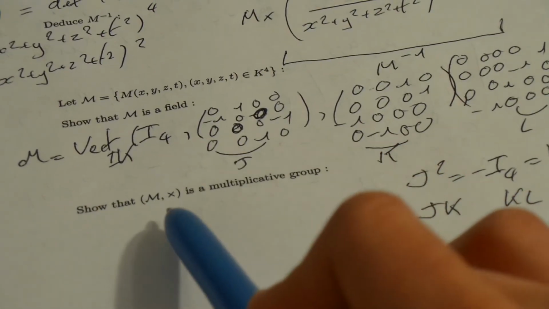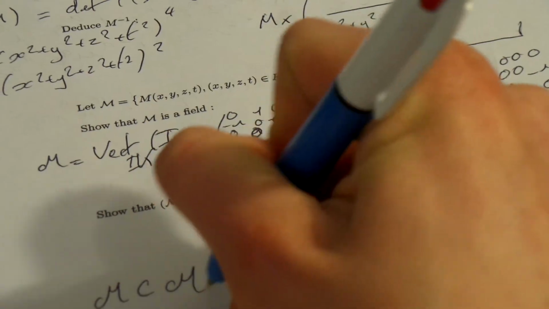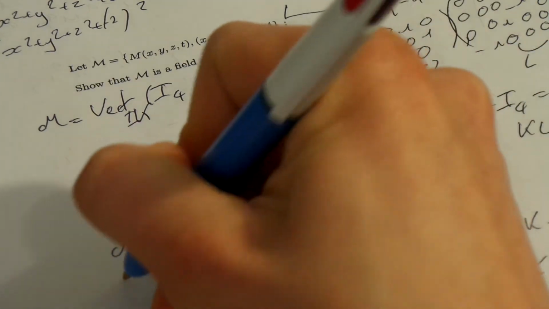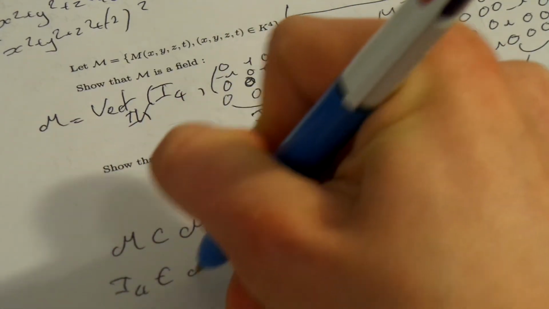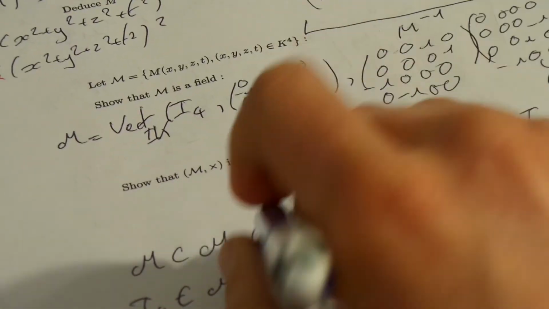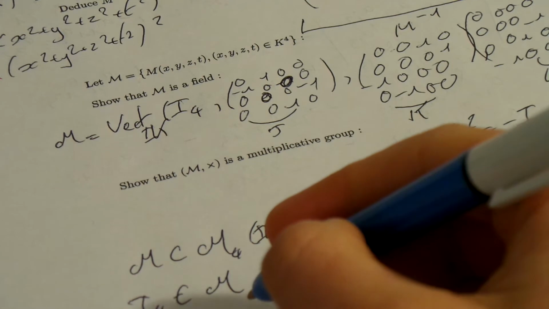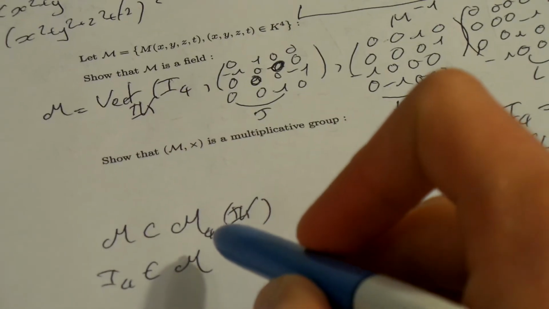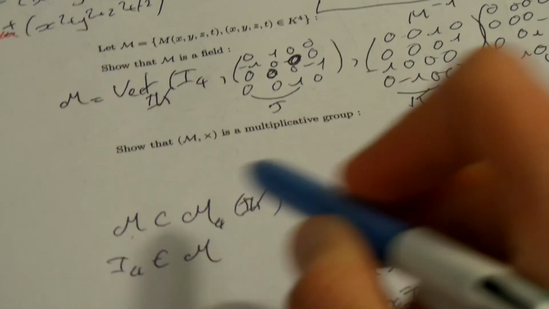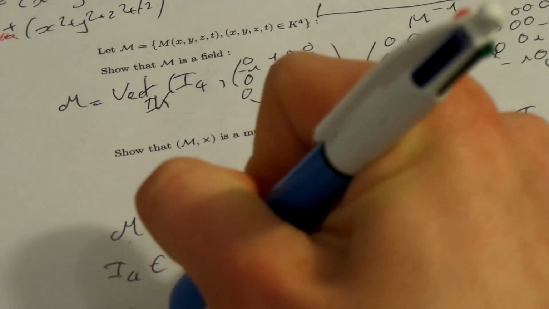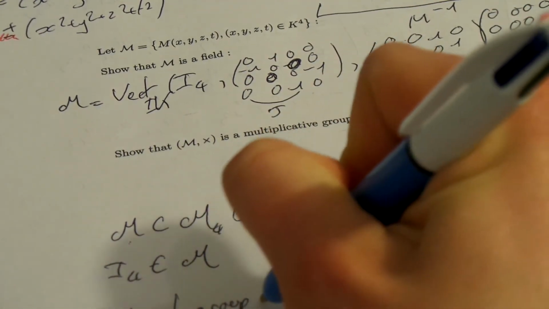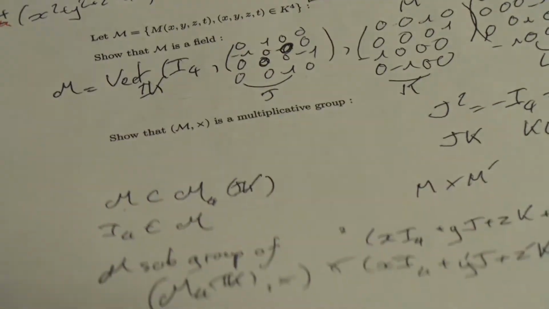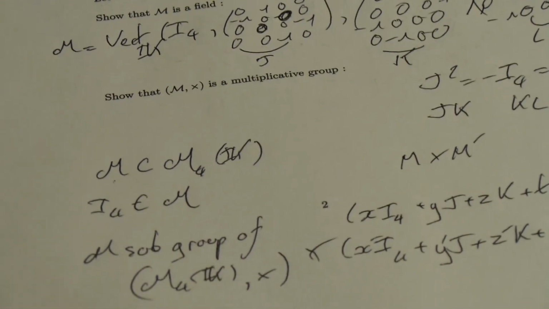The only thing left to show is that since M is included in the 4x4 matrices of values k, and I4 is in the set M, and we've shown that M is stable by multiplication, and that the inverse by multiplication of M stays in the set M, therefore M is a subgroup of M4 of k times, and is therefore a multiplicative group.